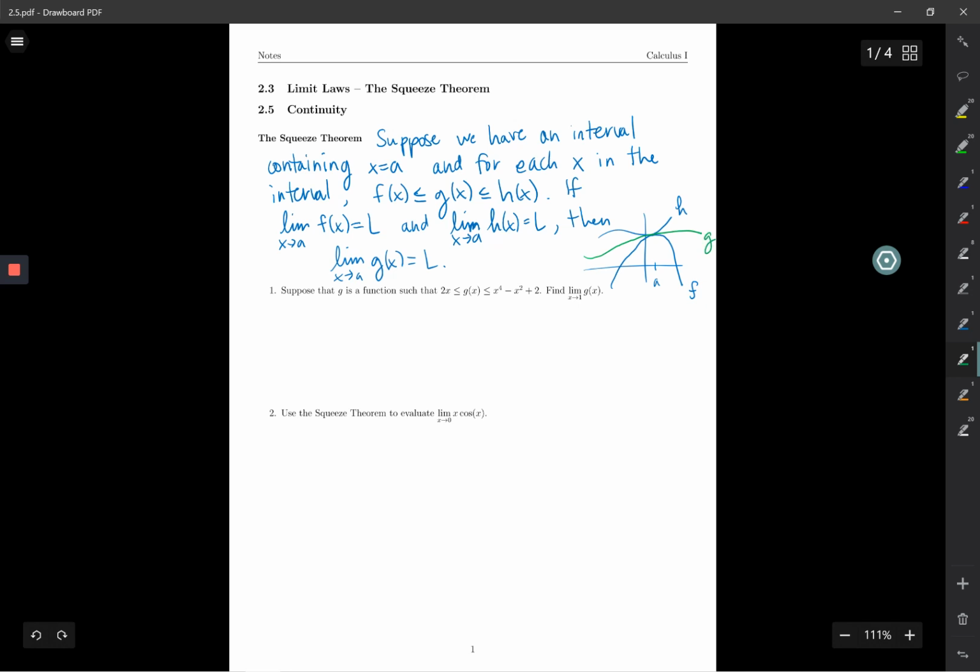You can see that the reason why it's called the squeeze theorem is because it's being squeezed down to that point, so it makes that function also approach L as x approaches a. Sometimes this is also called the sandwich theorem, just because, well, same idea that it's being sandwiched between those two functions.